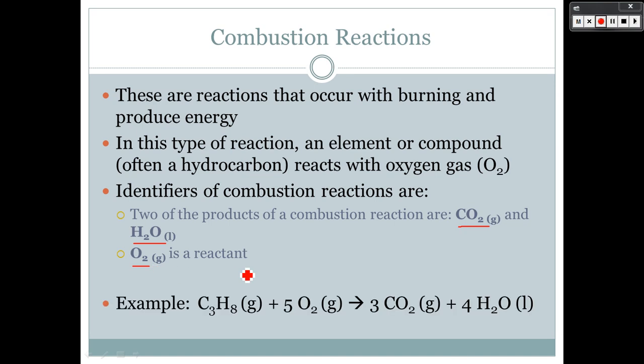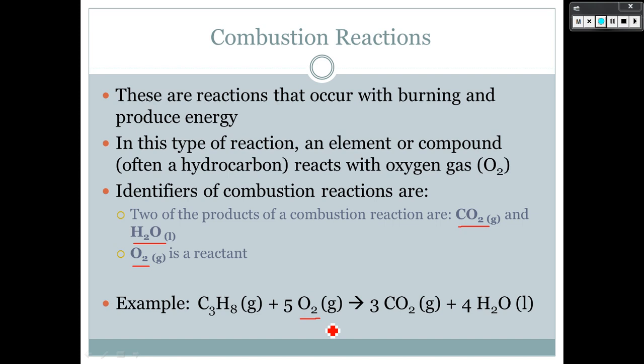And so an example then would be, here's propane. So those of you who have propane tanks at home, maybe running a grill, or I know some people have those fancy outdoor fire pit thingies hooked up to a propane tank. So this is propane gas plus oxygen gas. Often we get that just from the air. And of course, a lot of you have done that little experiment where you're burning a candle and you put a glass over it and you notice that eventually the candle burns itself out because it's used up all the oxygen.